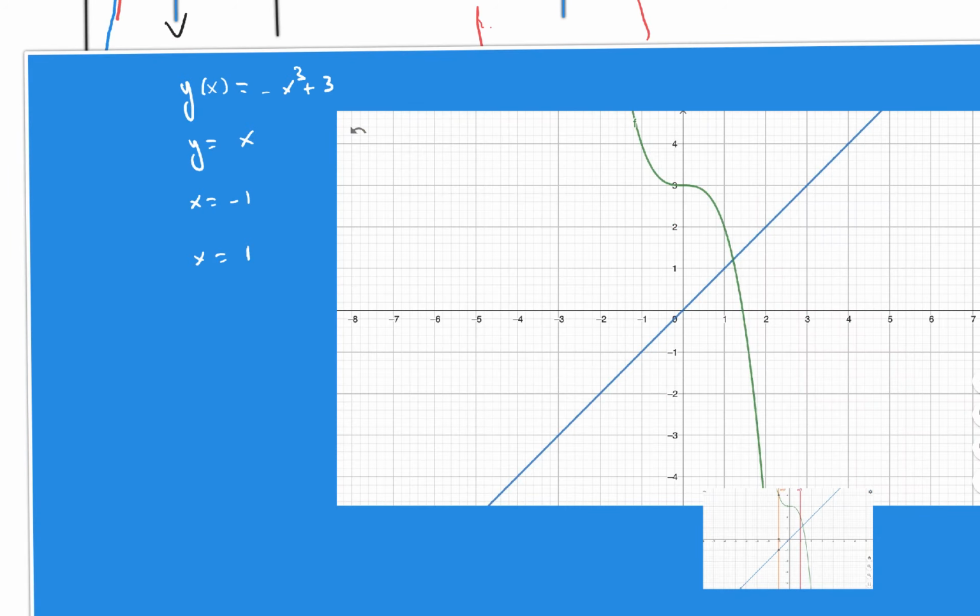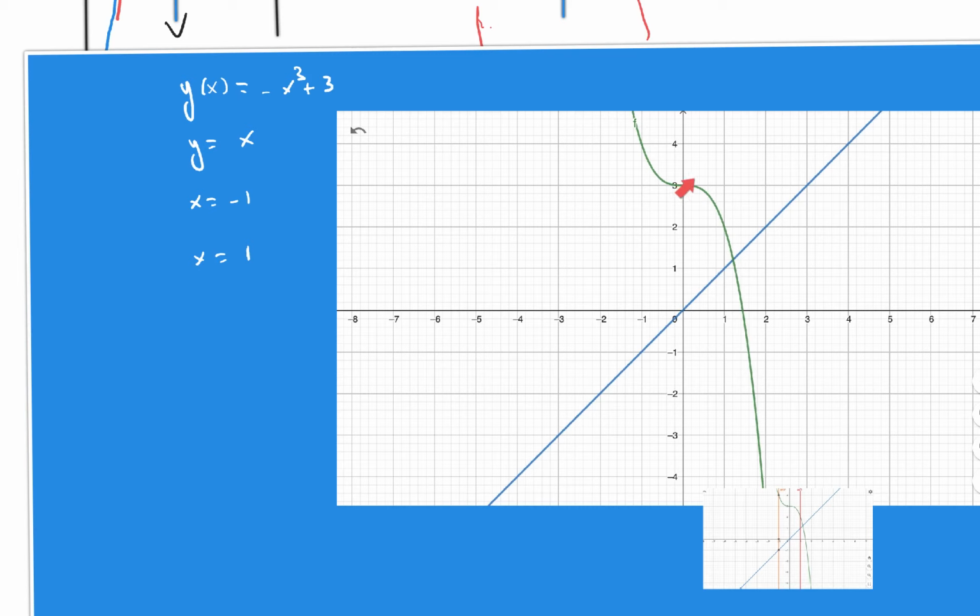Now what I have done is I have used GeoGebra. GeoGebra allows you to write the function, and it makes the graph of the function. So the graph of minus x cubed plus 3 does like this, and you see here the slope is 0. In my graph, you don't see the slope 0.